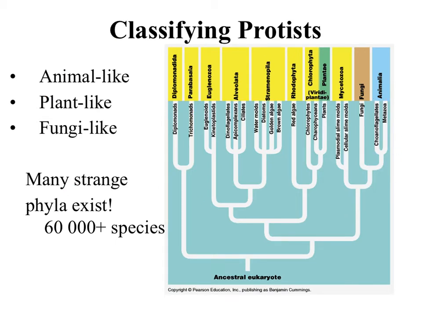We are going to be talking about euglenoids, dinoflagellates, ciliates, diatoms. We've got some molds in there. And that's all I see right now. So we're going to be talking about a few examples from each of these classification levels.